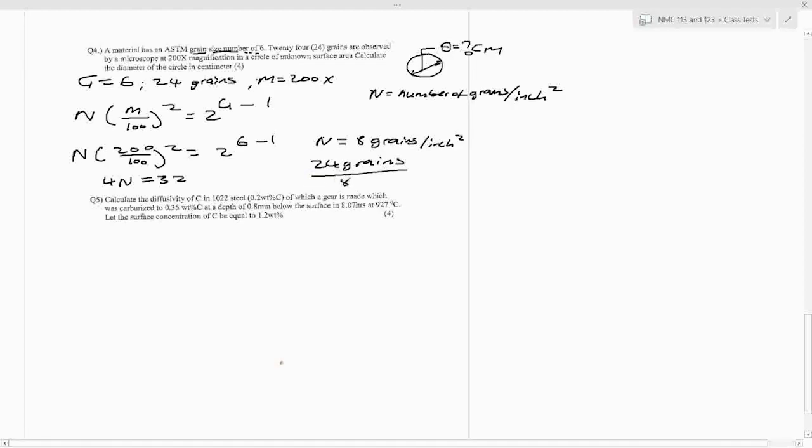And we know that we have 8 grains per inch squared, and all that is actually equivalent to our area, which is equal to pi r squared.